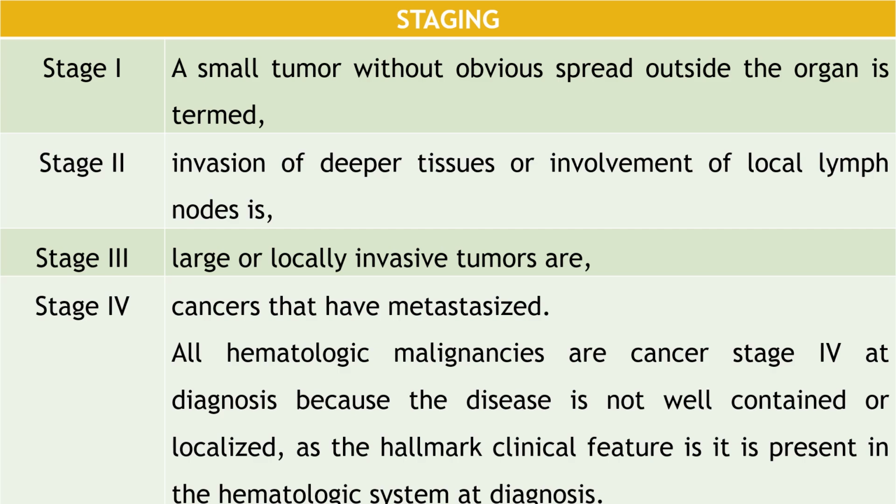Then stage 4 is cancers that have metastasized to other organs, and all hematological malignancies are termed as stage 4 because at the time of diagnosis itself, the disease is not well contained or localized, the classical or the hallmark clinical feature is present, that is hematological spread is there, so that is stage 4. So here the patient had a large locally invasive tumor, so she is in stage 3.